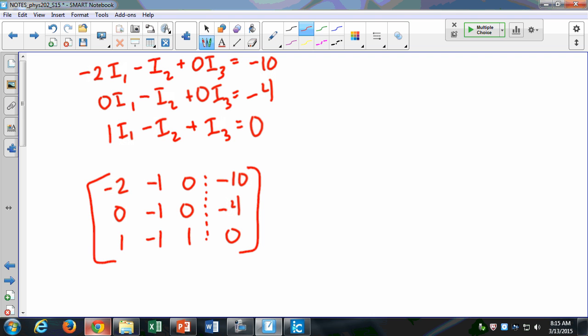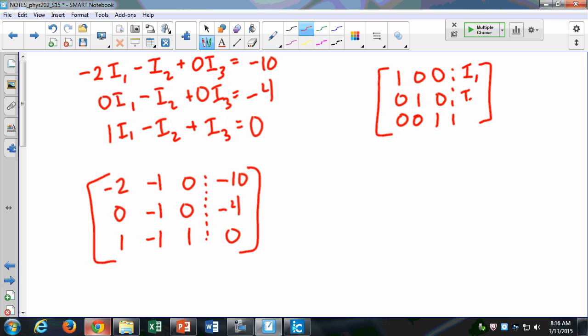And if we put this in the form of an identity matrix, then that far right column will be the solution to each of the variables. So we want to get it into this form of 1, 0, 0; 0, 1, 0; 0, 0, 1. This, right, linear algebra. So this is called an identity matrix, and it would tell us then what is I1, what is I2, what is I3.